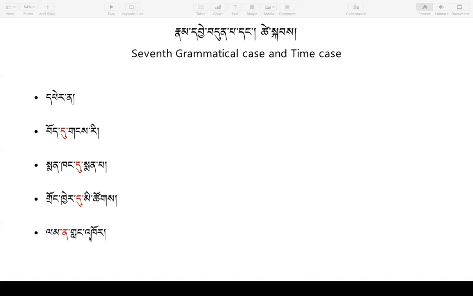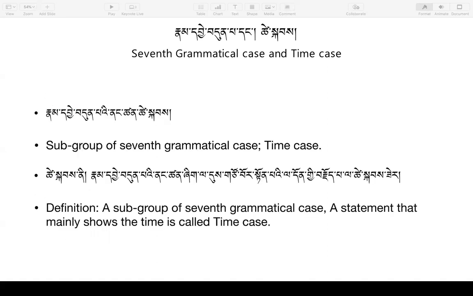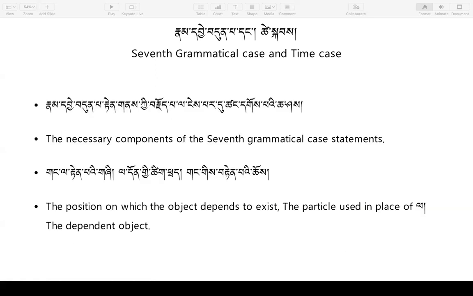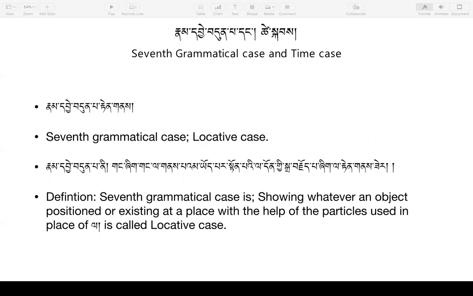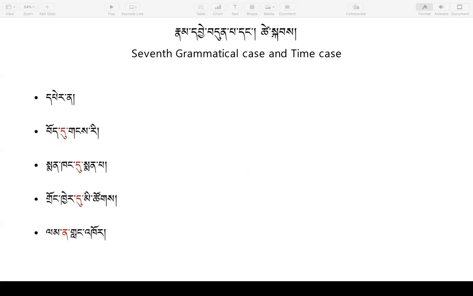The object is the bus. And the particle is na. So lamna langkhor. So this is an example of the seventh grammatical case.